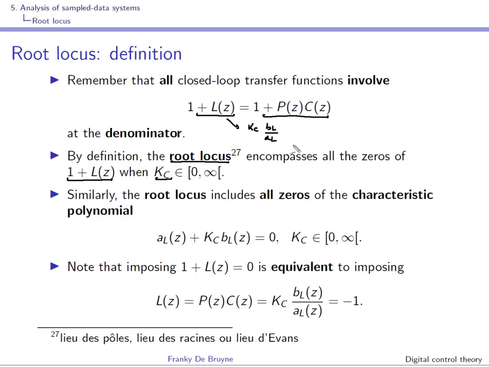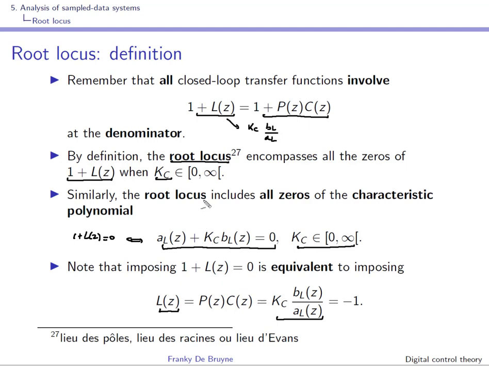So if you inject that, looking at 1 plus L(Z) equal to 0 is equivalent to looking at this equation here when Kc is in the range 0 to infinity. So imposing this is equivalent to imposing that the loop gain is -1.